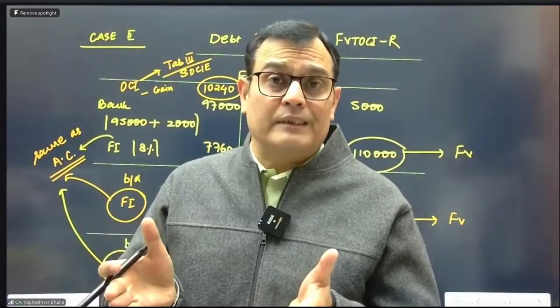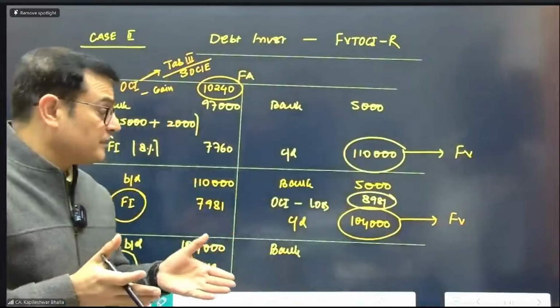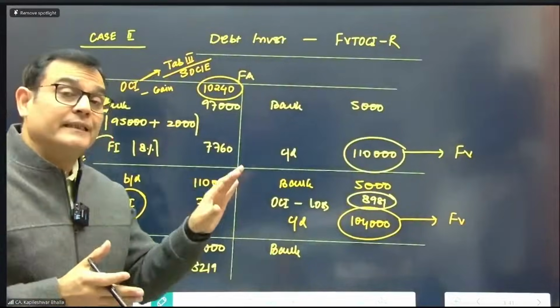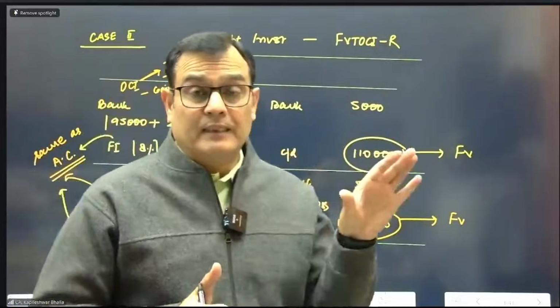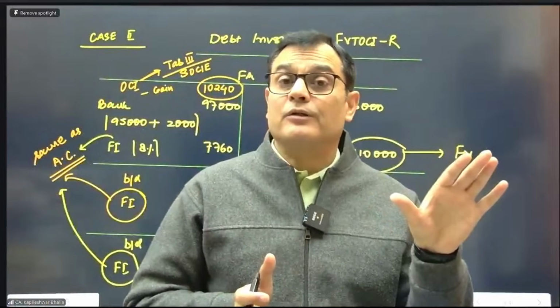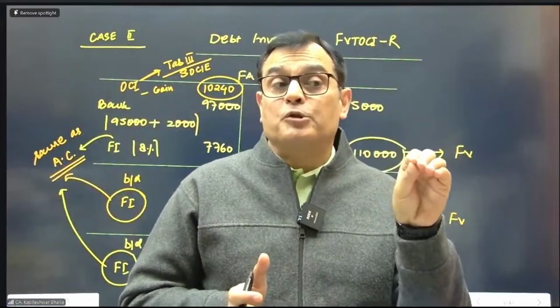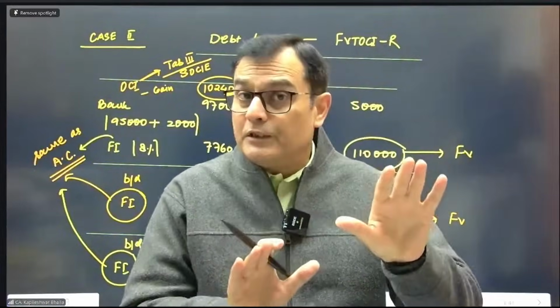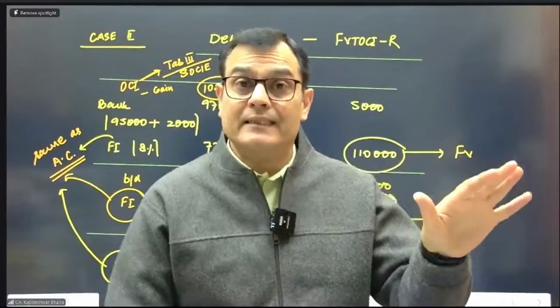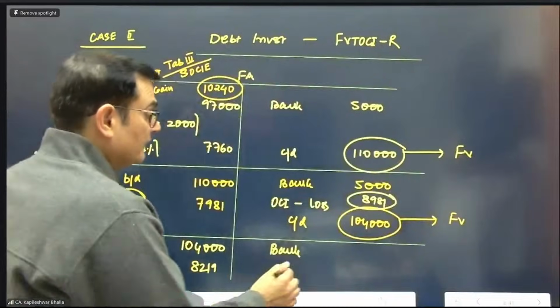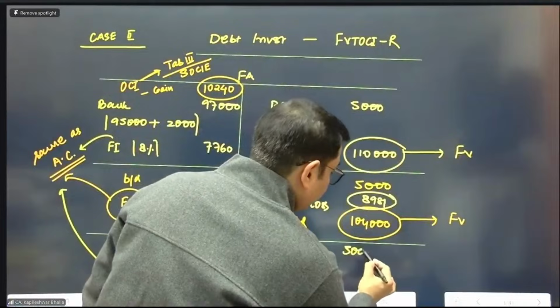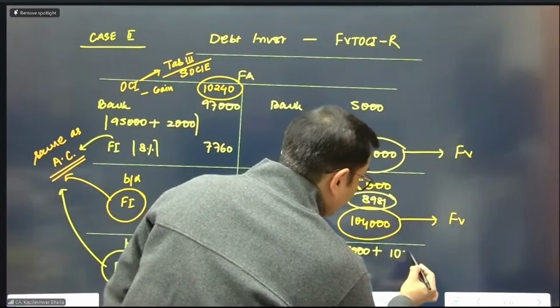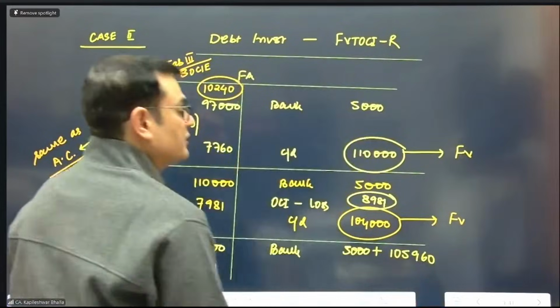If I never sold the investments, therefore you would now see that I'm making the ledger till the end of the third year. Because I have made a ledger on the logic that we had an opportunity of sale or maturity, but I did not sell. So at the end, I kept it till maturity. So I'm going to get that 5,000 coupon rate, and we're also going to get the maturity amount as well.